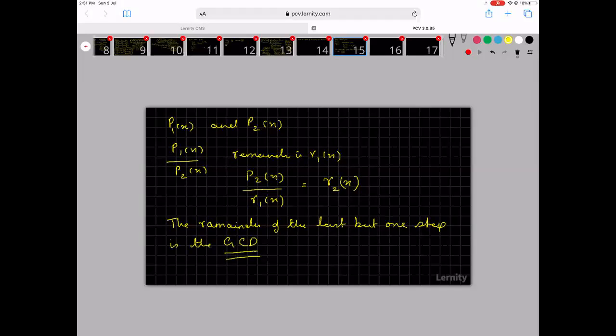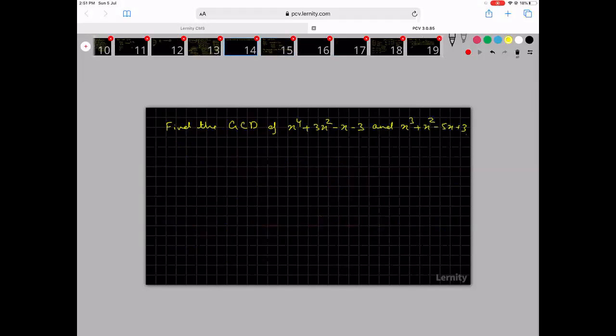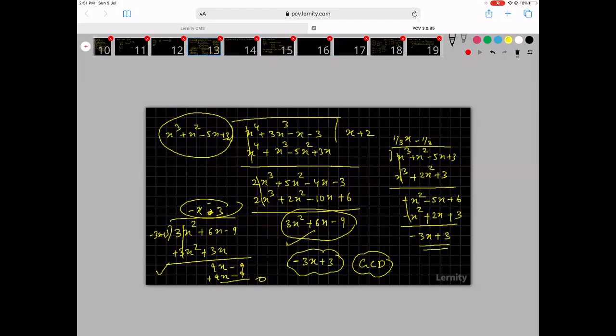So the remainder of the last but one step, not the last step. So in our case, what is the last but one step? In our case, this was the last step.